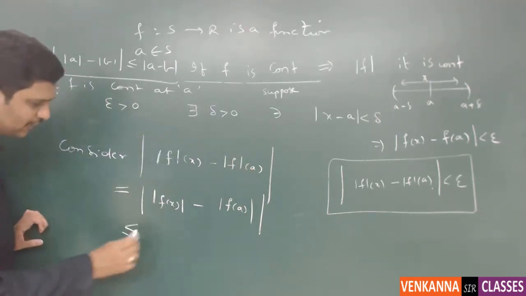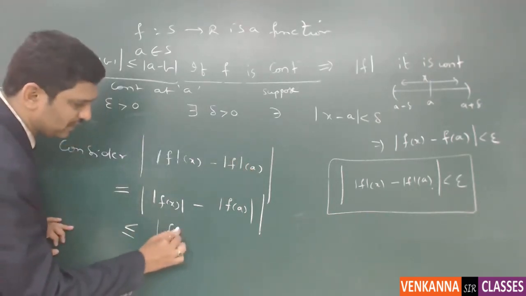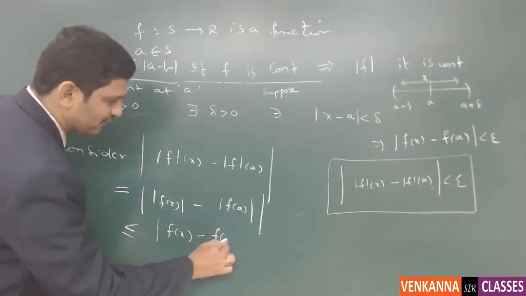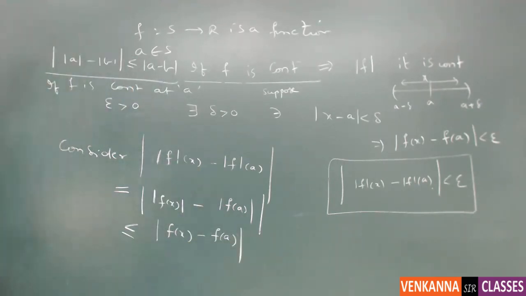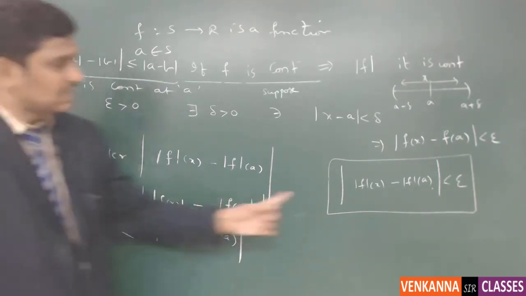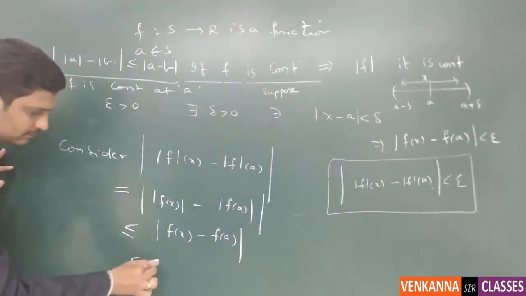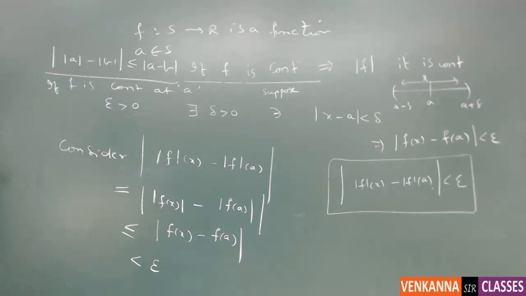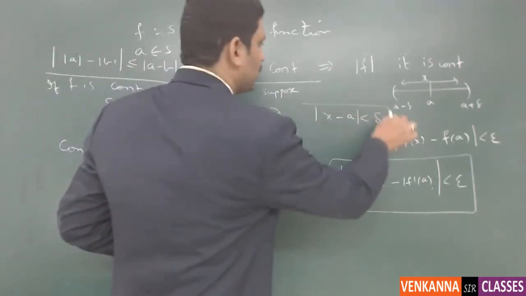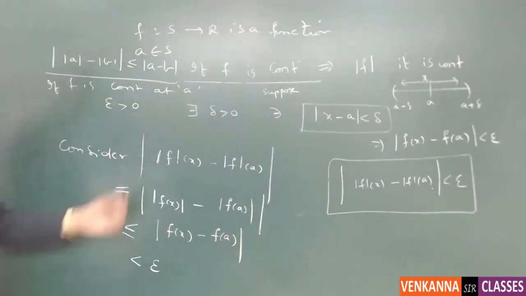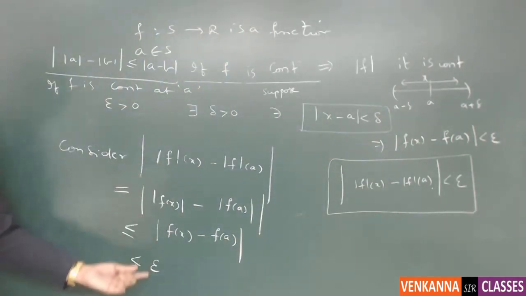So this is less than or equal to modulus of f of x minus f of a. Right. And as per our assumption, this is less than epsilon. Therefore, whenever you choose x in the neighborhood of a, if you consider this value, it is becoming less than epsilon. Therefore, mod f is continuous at a.